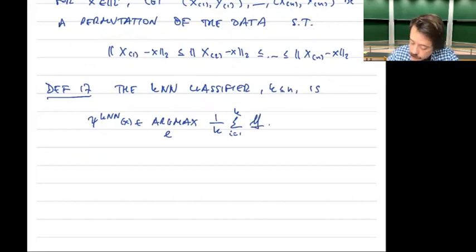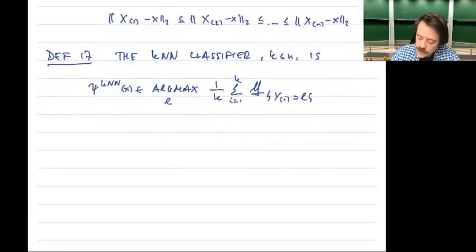So let me comment on this. Okay, so this is the definition.